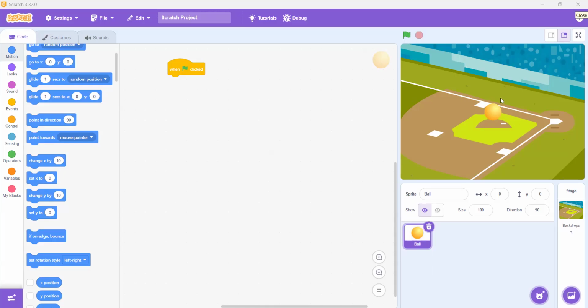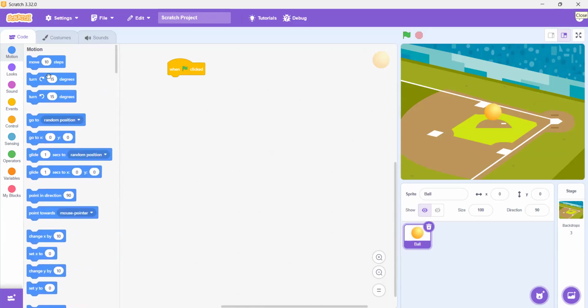Which direction do I want? Do I want the ball to go up and down? Do I want the ball to go left and right? Do I want the ball to go all around? Okay, so there is this set rotation style. You can see over here there are many options in that blue. I went to motion in that blue.